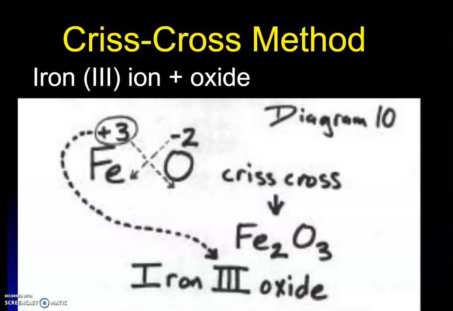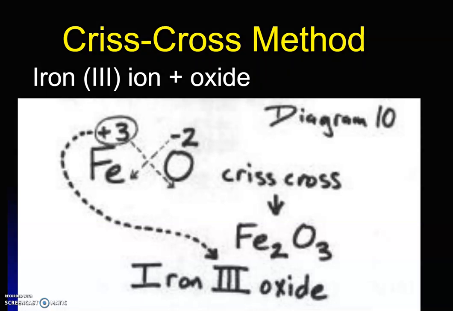Okay, so here we have iron oxide, iron(III) oxide, and we have iron 3, which is Fe3+, and oxide, which is O2-, and a 3+ and a 2- don't cancel each other out. So what they have is a common multiple of 6. So this 3 travels down to here, this 2 travels down to here.